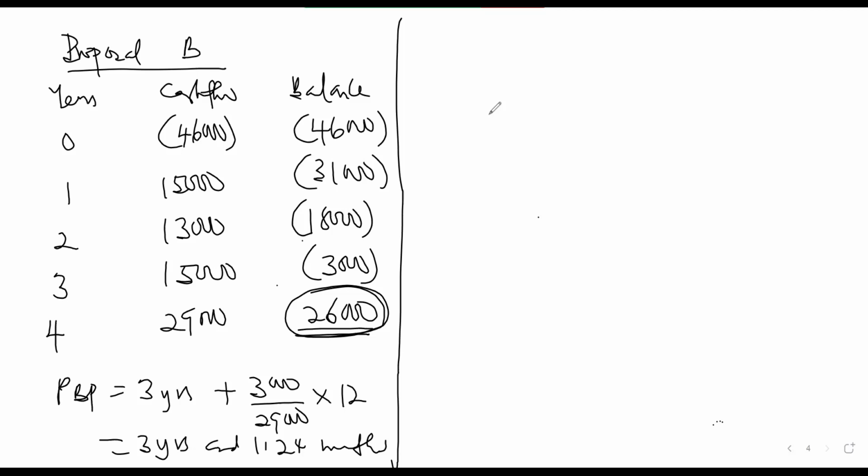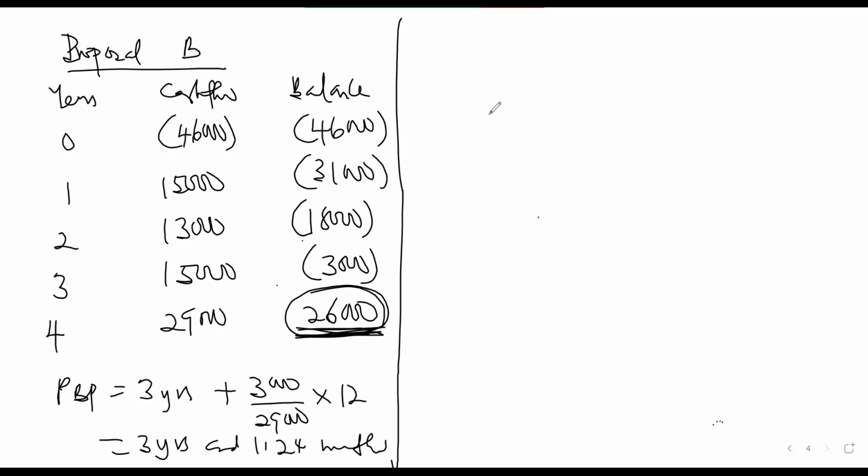If we should take the cash flows after the payback period into consideration, we should be recommending B. So one of the disadvantages of the payback period is that it doesn't take into consideration the cash flows after the payback period.